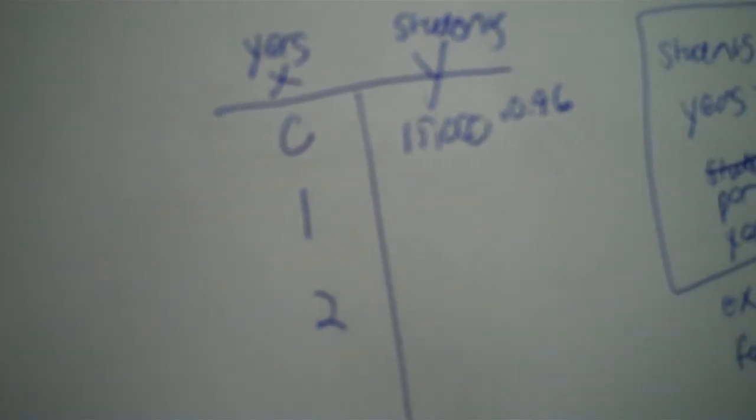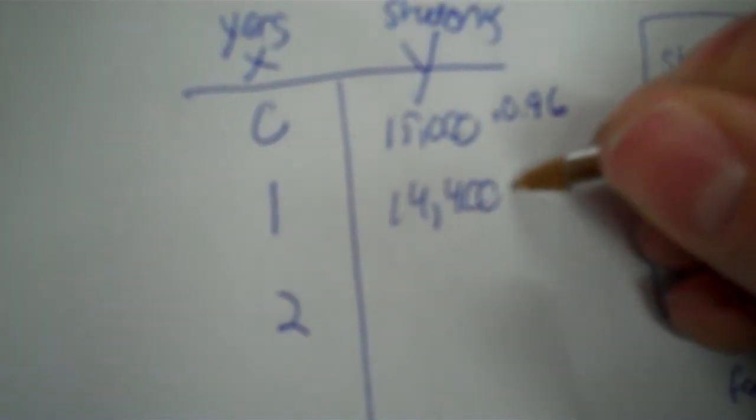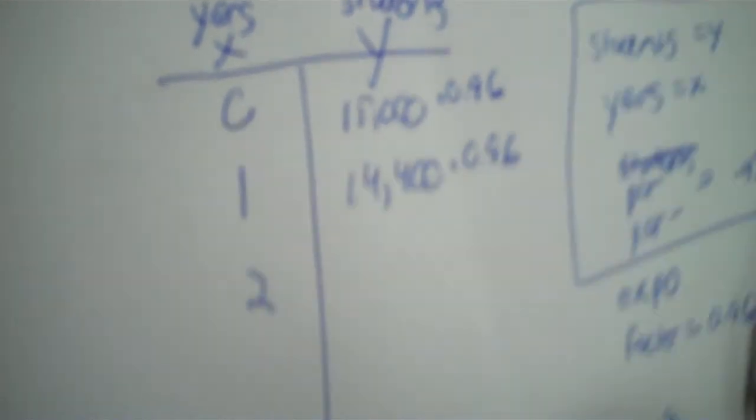You start multiplying. 15,000 times 0.96 is 14,400. Then you multiply by 0.96 again to get the second year, 13,824. And we block it off and we put 10 in for the years, question mark for the students.